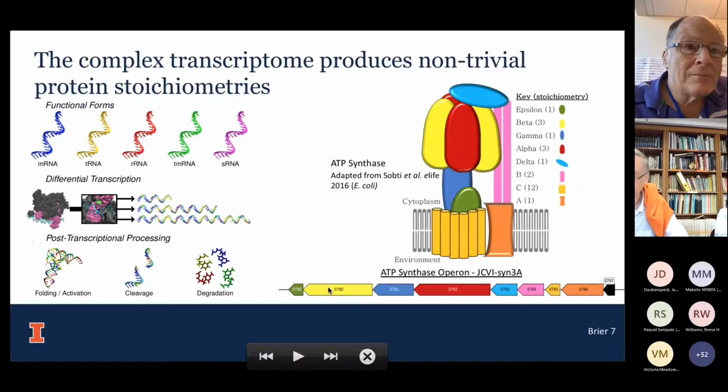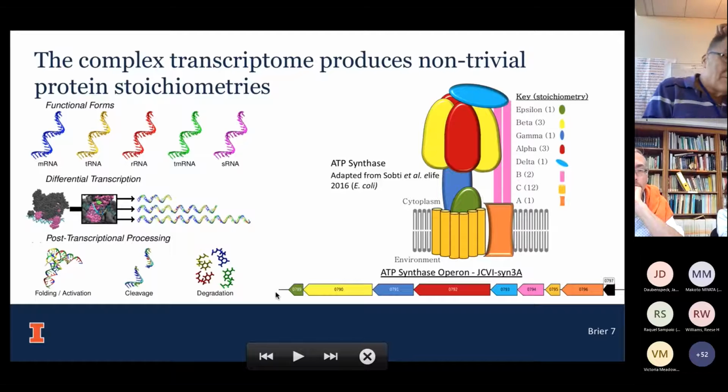All of these genes are within the same region of the genome, and yet you're able to generate these non-trivial stoichiometries, even though most of the processes that these genes undergo should be relatively the same because they're in the same genetic context. Things like gene replication, since the genes are in the same rough region, should be similar amongst the genes within this complex.